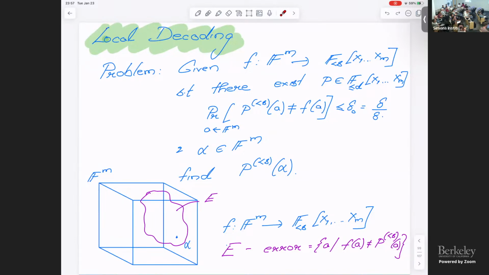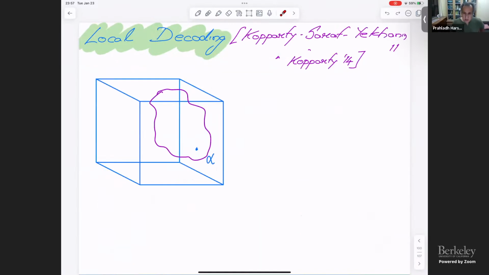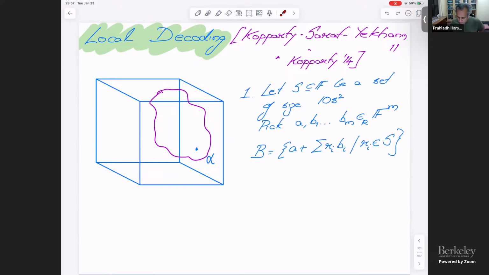Let me quickly tell what's going to happen here. What I'm going to give is the algorithm due to Kopparty, Saraf, and Yekhanin, with a subsequent modification, as follows. The natural thing to do is very much motivated by the Reed-Muller case.